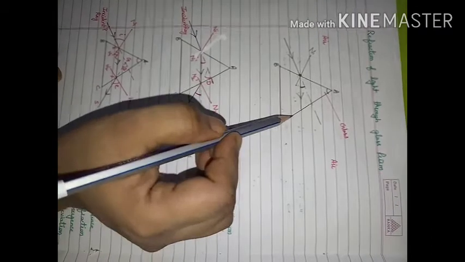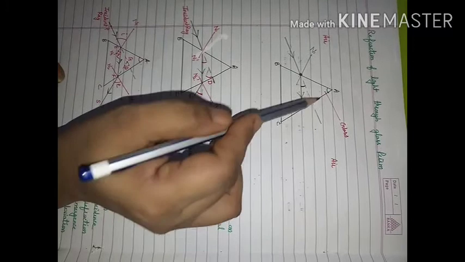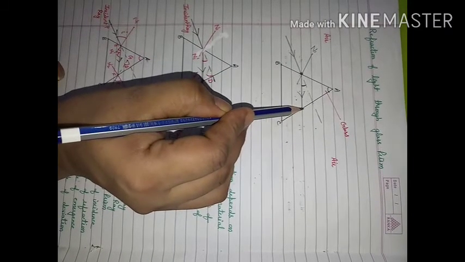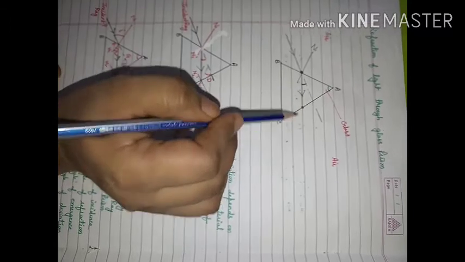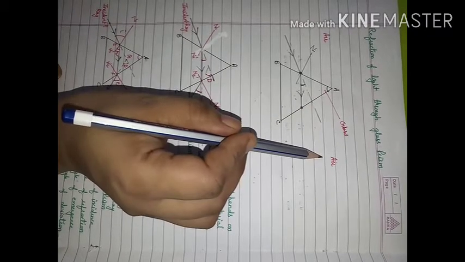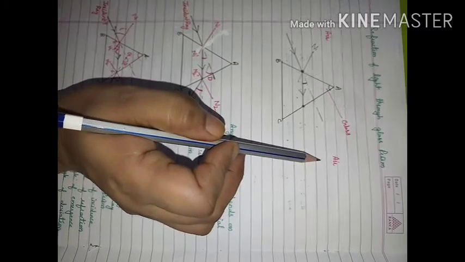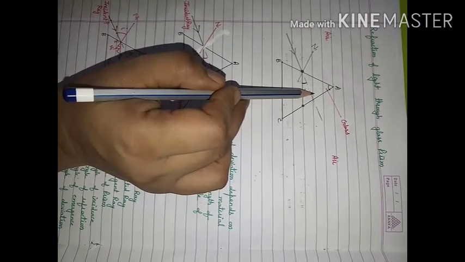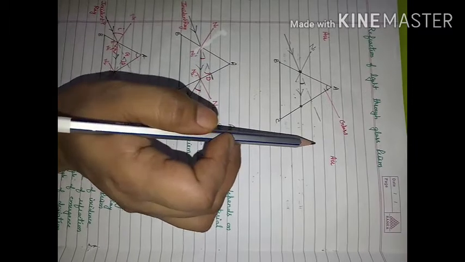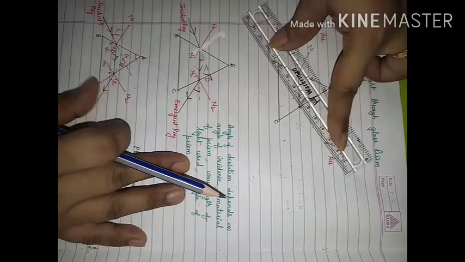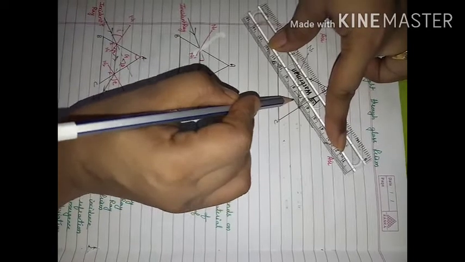Now let us consider refraction at this face. When ray of light falls at this point, now it will come out from glass to air. It means it is moving from denser to rarer medium. And when it moves from denser to rarer medium, it will move away from normal. I will draw one normal here.